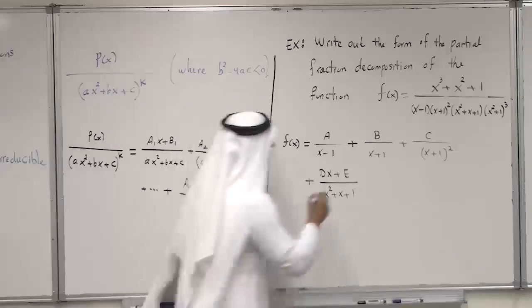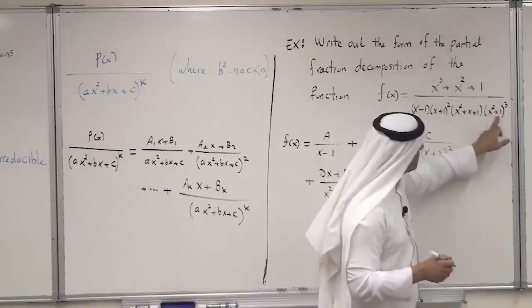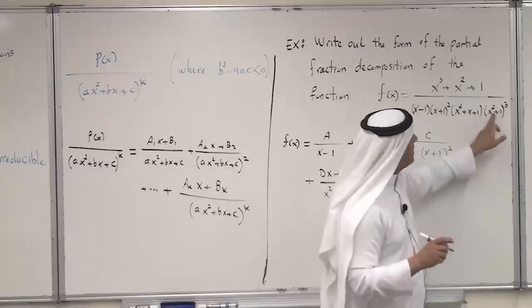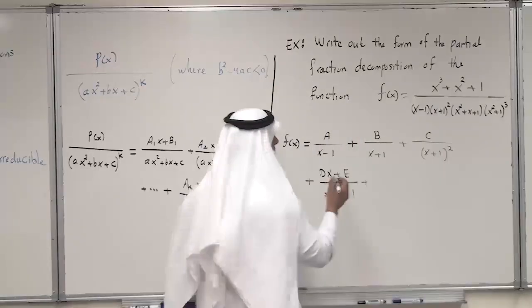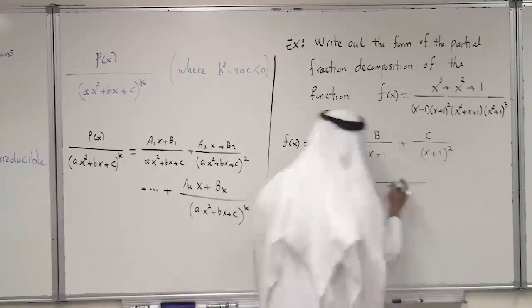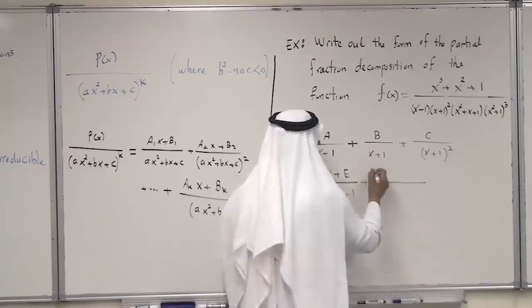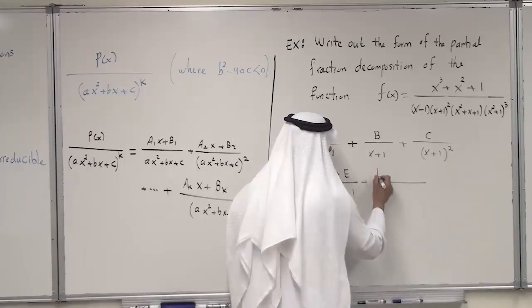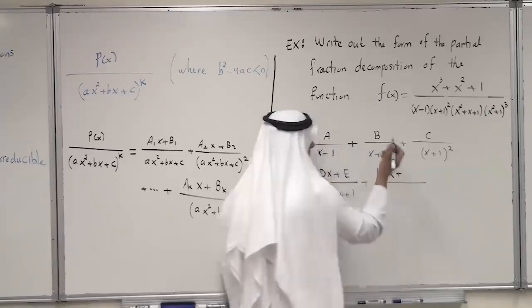Coming to the point we are discussing now, we have a quadratic factor, x squared plus 1, that is not factorable, and it is repeated 3 times. So what should we do? We need 3 polynomials of degree 1. Meaning, for example, I can use h1x plus any other letter.